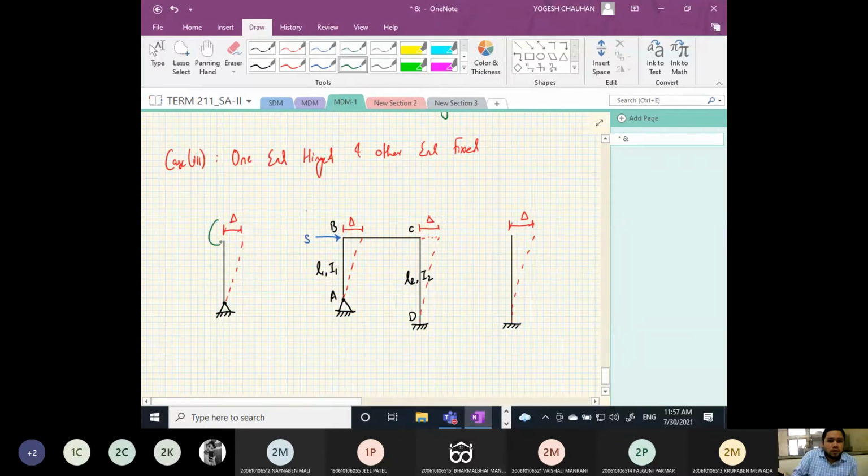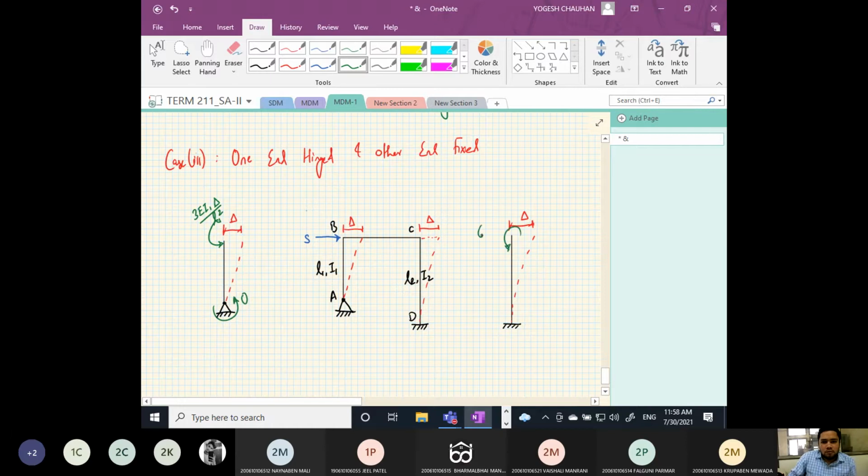The moment developed here will be 3EI1 delta by L1 square. Moment developed here will be 0 because it is hinged.